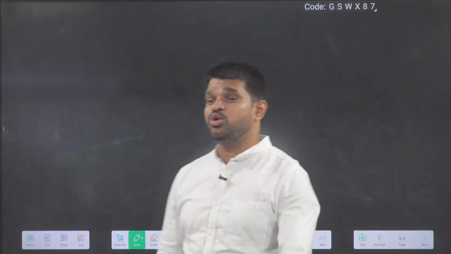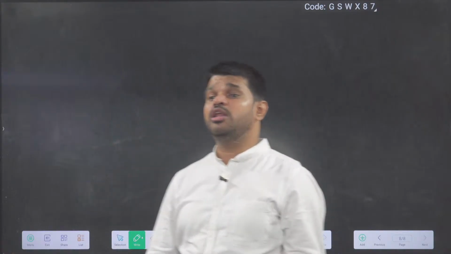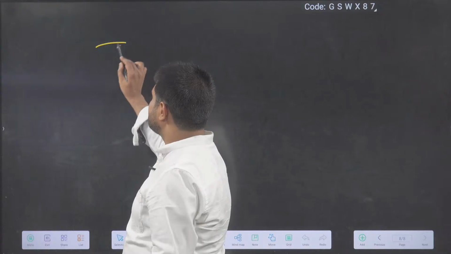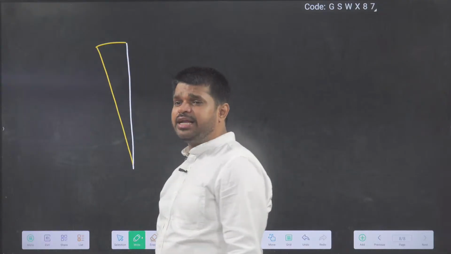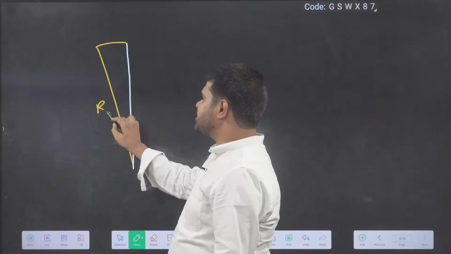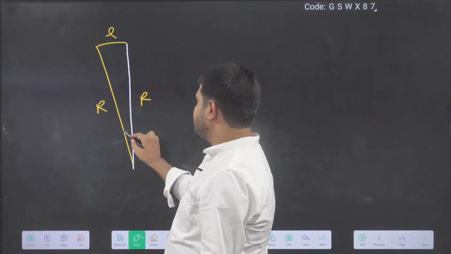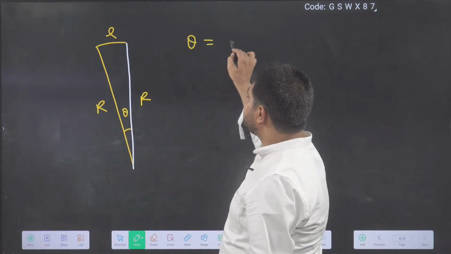Now I will tell you the visual proof. First of all, tell me, this is a sector, radius r, arc length L, and this angle is theta.